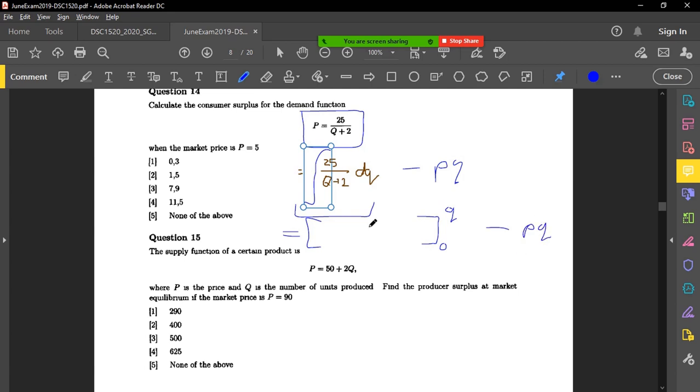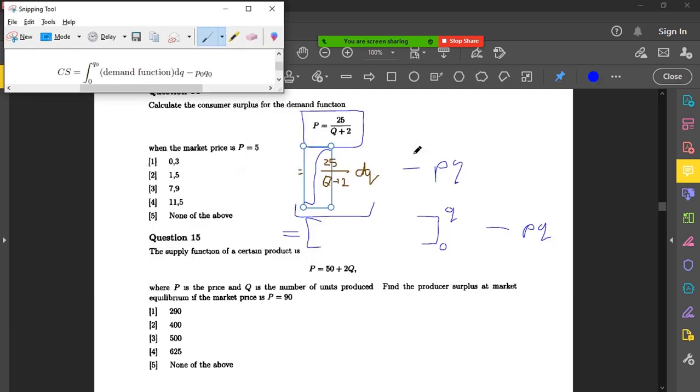Okay, so first let's get the Q. You're probably going to set the P to 0. No. Or how do you get the Q? How would you get the Q? Oh, the price is 5. Sorry. Yes.